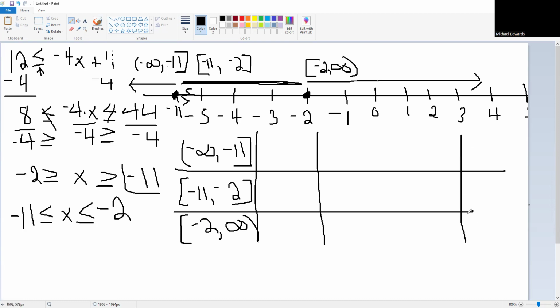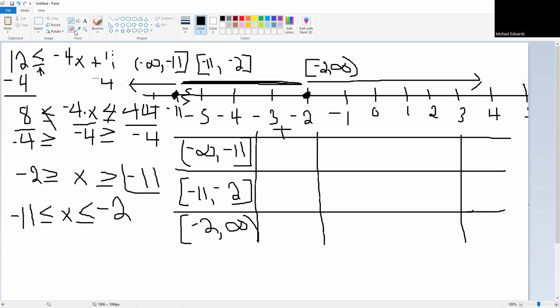Now we need test points. Well, our graph also helps us with test points. For this one, we would find a test point that is something beyond the negative 11, or less than, because we're going to negative infinity.